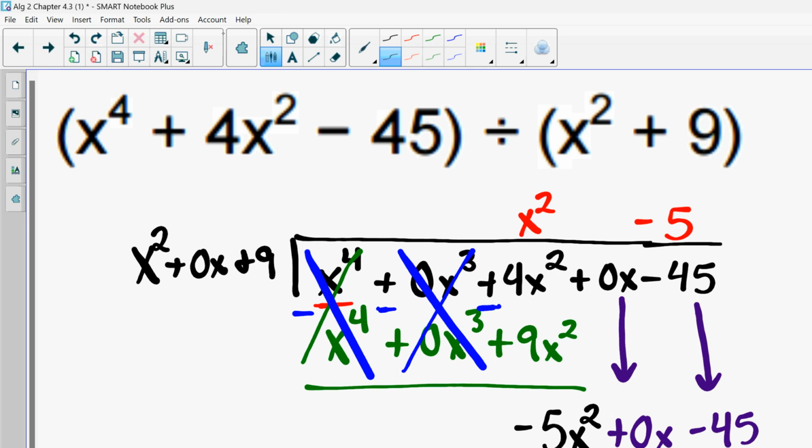We actually don't have a term for that spot. Because if we did, it would be plus 0x. And to do that, we would have had to have left the 0x cubed. And it makes things a little more challenging. But at this point, we can multiply through by negative 5. And if we distribute this negative 5, you would have negative 5x squared plus 0x minus 45.